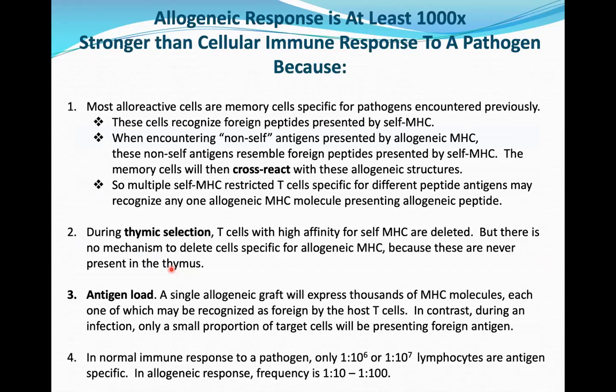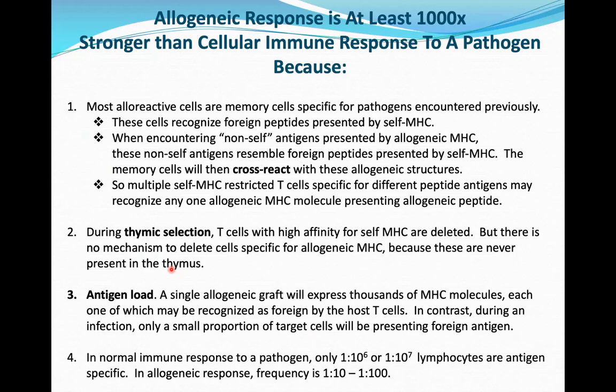So when we see graft rejection, the intensity of the immune response rejecting that organ is much higher than when you get an inflammatory response as a result of bacterial or viral infection. And there are several reasons for this. One is antigen load.